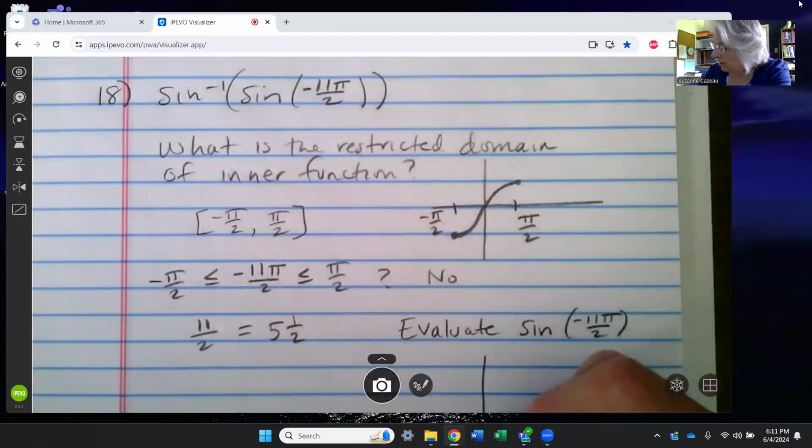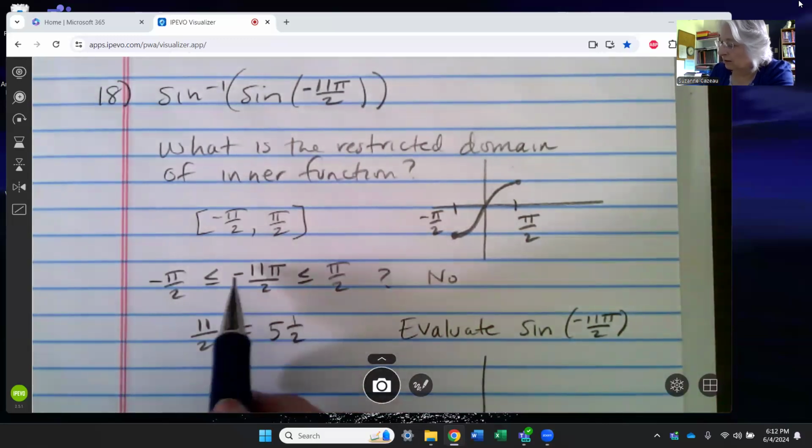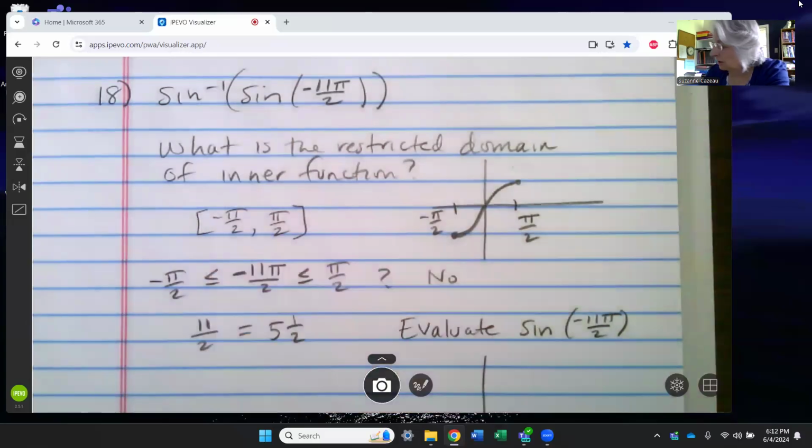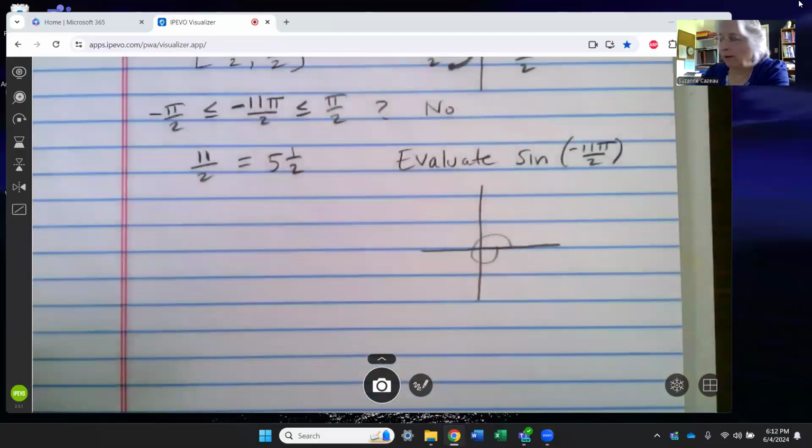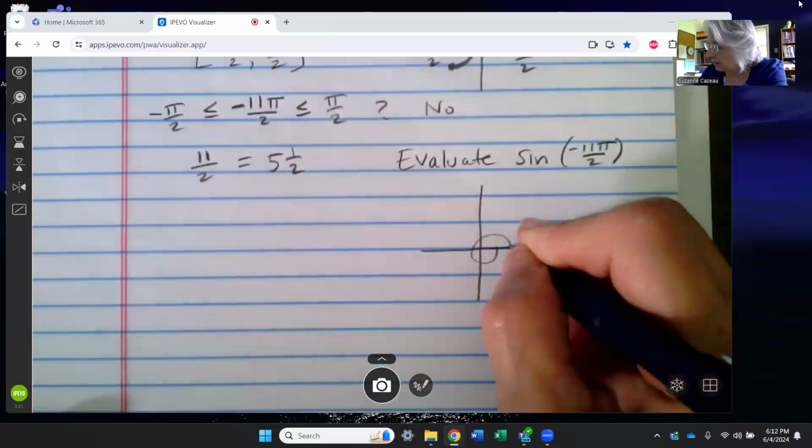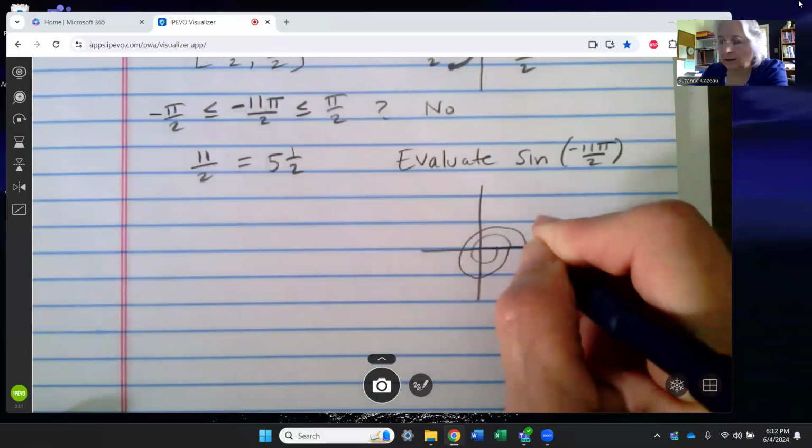So I'm going to go around just like we were doing before. Negative direction, right? We're going in the negative direction, and we're going to go 5.5 pi. So we've got 2 pi. Oh, you can't see. 2 pi. And then we got 4 pi.